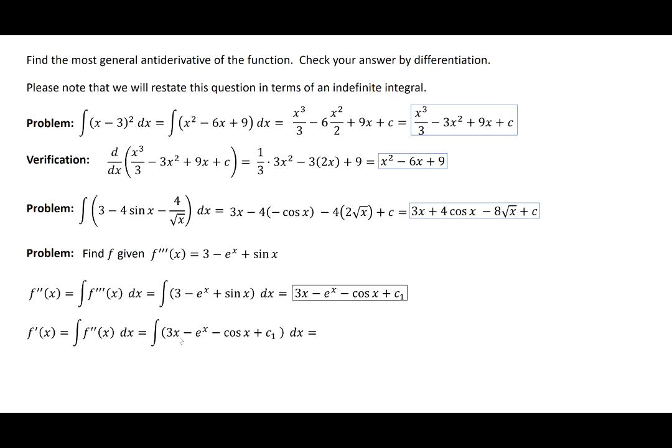So x squared over 2. Integral of e to the x is e to the x. Integral of cosine x, the derivative of what is cosine x? Oh, positive sine x. So the integral of cosine x itself is just sine x, but we have a negative sign here. So the integral is negative or minus sine x.